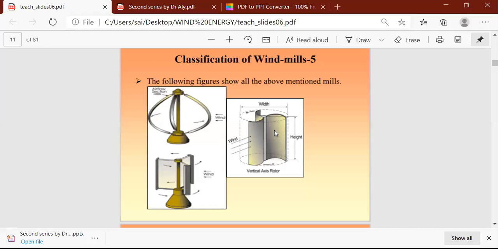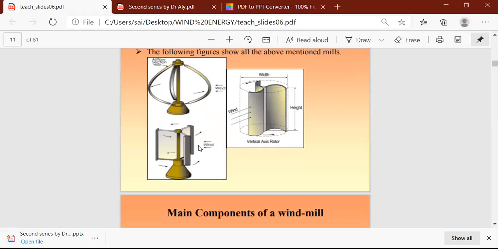They have a proper bucket shape so that the curved shape helps to move the wind properly, and by striking the wind at the back side, the speed of that rotor increases. Okay, here square section blades are used. So this is also a type of vertical axis wind turbine.